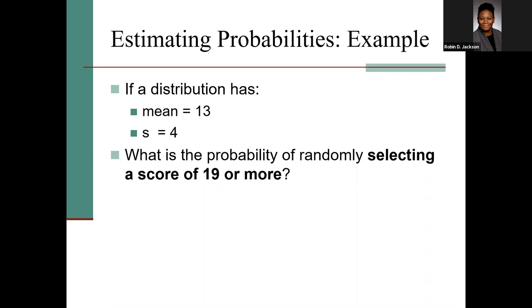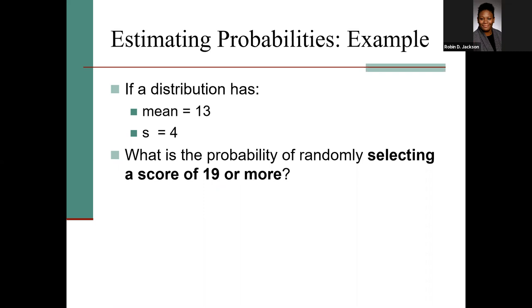So in this example, the mean is 13. The standard deviation is 4. And what we want to know is the probability of selecting a score of 19 or more. Now I put a portion of that question in bold.